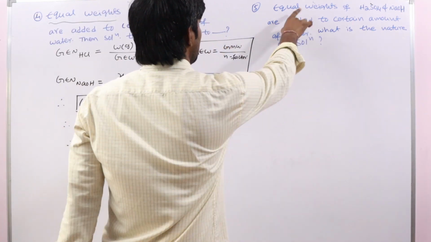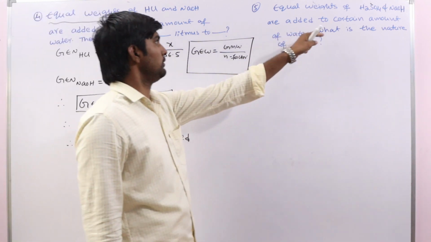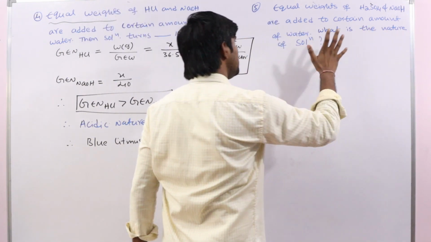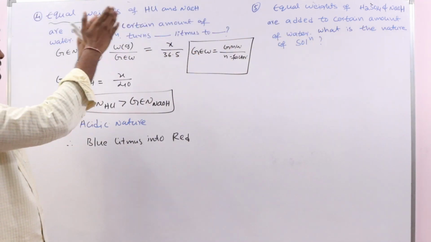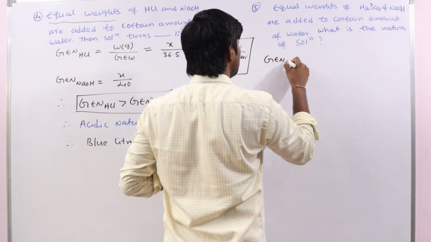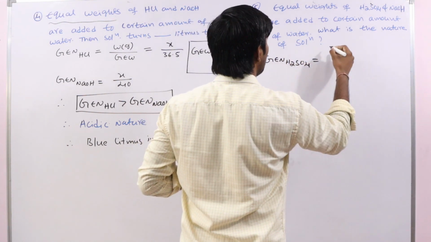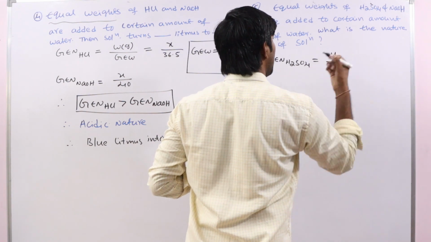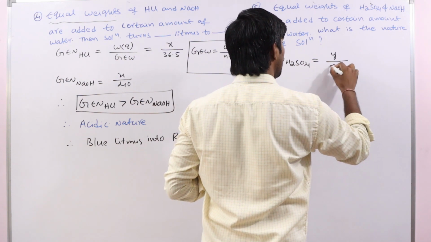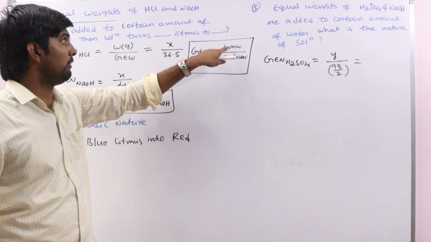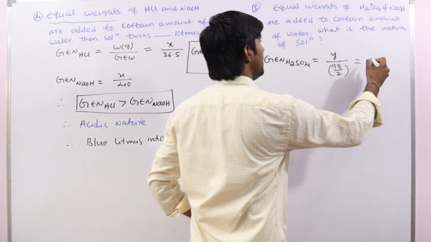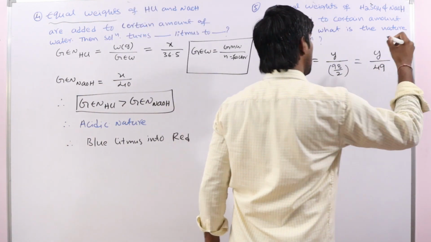Next. Equal weights of H2SO4 and NaOH are added to a certain amount of water. What is the nature of the solution? This is the same process. First we find the number of equivalents of H2SO4, which is weight, let us say y grams, by gram equivalent weight of H2SO4, equal to 98 by 2, because the gram molecular weight of H2SO4 is 98 and the N factor is 2. So we get y by 49.